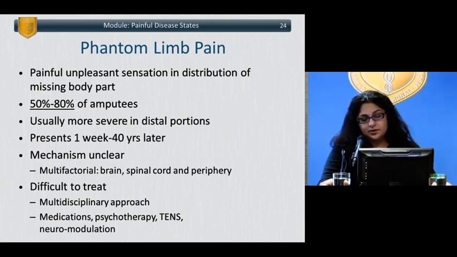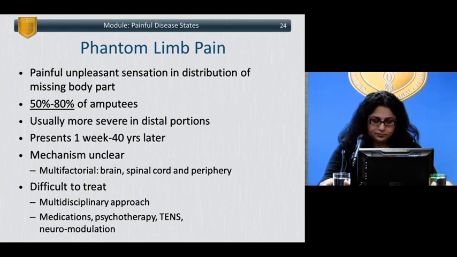It's more severe when the amputation is more distal. It can present anytime from 1 week post-amputation up to 40 years post-amputation. Again, as many of our neuropathic pain syndromes, the mechanism is unclear. There is thought that it has to do with plasticity that can occur at the level of the brain, spinal cord, or peripheral nerves.